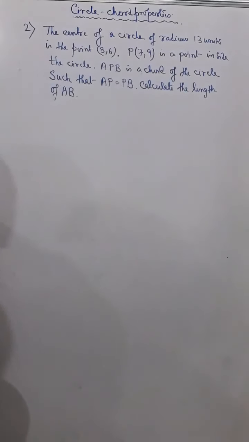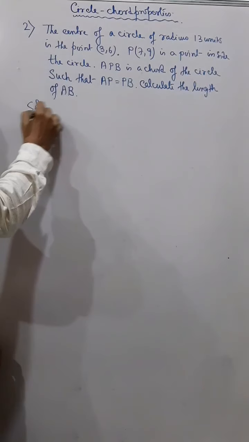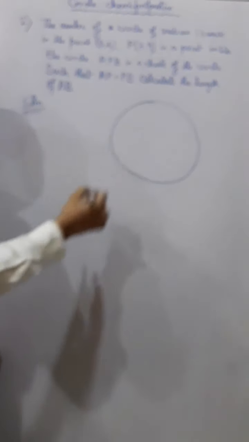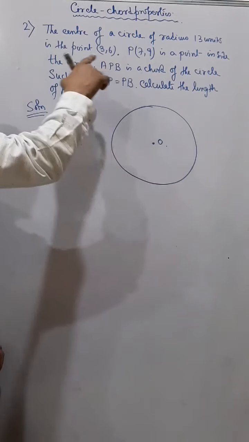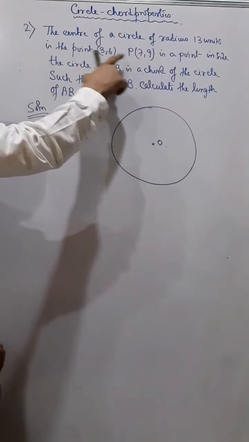Okay, now see this sum. Here they told the center of a circle of radius 13 centimeter is the point 3, 6. So you can see here the coordinate has been given. So this is a circle, and let the center be O, and the center of a circle of radius 13 is the point 3, 6.